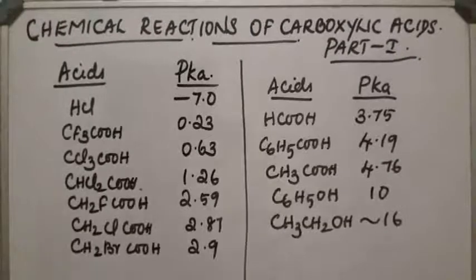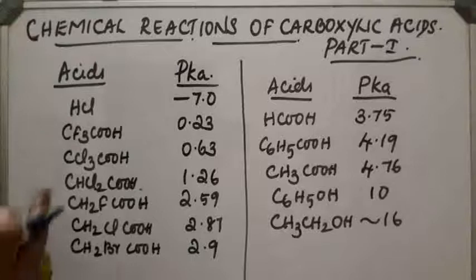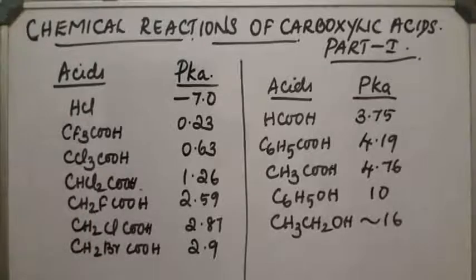Here there is a table containing different acids and their pKa values. HCl has the least pKa value, which means it is the strongest acid. Next, among the carboxylic acids, CF3COOH is the strongest acid, having a value of 0.23, small compared to the other carboxylic acids. And last, the phenol and alcohol.